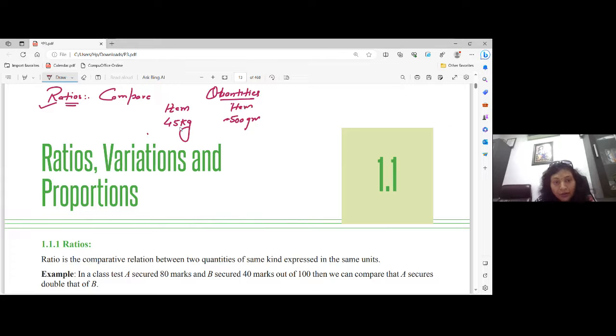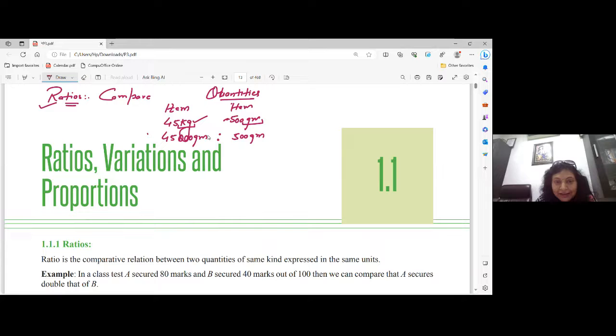So the units of both the items are different, so we have to convert them into the same unit. Either convert kilograms into grams or grams into kilograms. So if it is 45 kilograms, we can say this is 45,000 grams and this is 500 grams. This way we can compute the ratio.